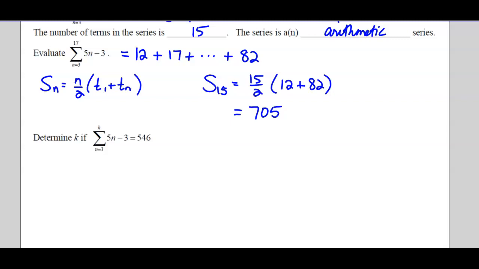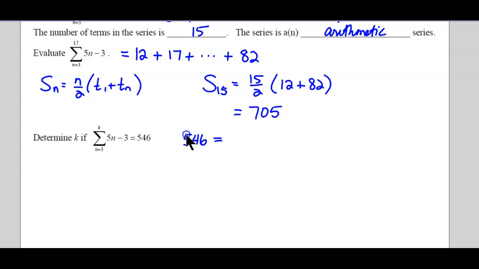So this is the same series as the previous one. We're just trying to find K. So here, 546. I'm not going to use this form here because I don't know what that Kth term is. Although you could, because you could substitute K into the general term.